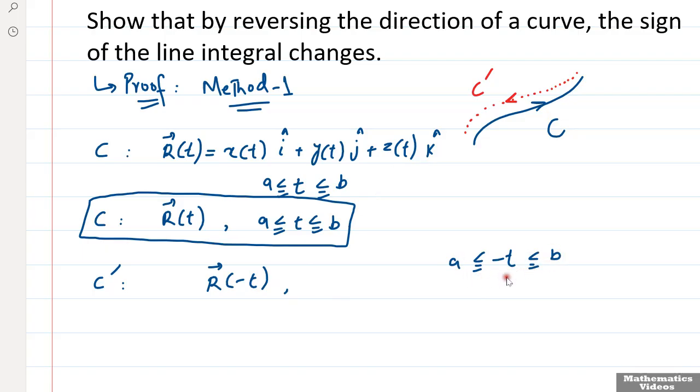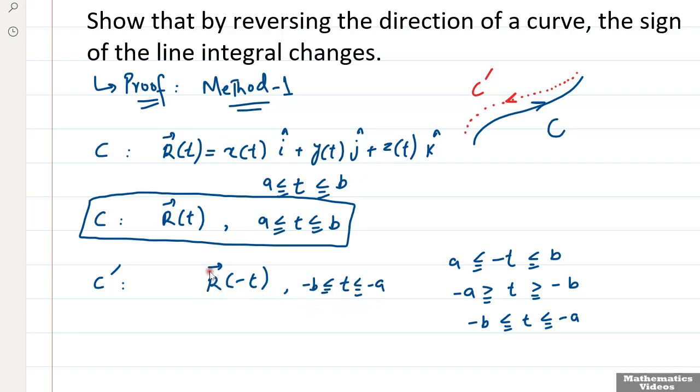If we multiply this inequality by minus 1, the result is minus a greater than or equal to t greater than or equal to minus b. Okay, this can be written as minus b is less than or equal to t less than or equal to minus a. So it means that on reversing the direction, the range of the parameter becomes from minus b to minus a.